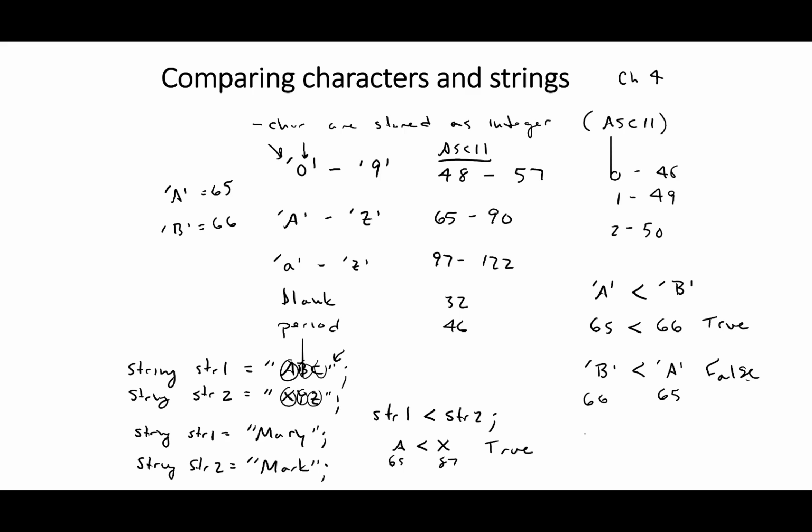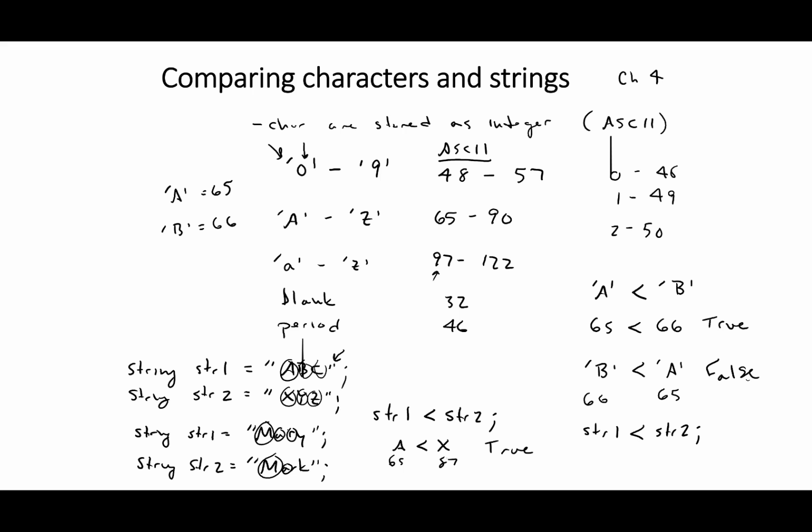And then let's say that we do is string1 less than string2. This is going to, first of all, compare the M and the M. Those are the same, so so far it's not sure. So now it's going to compare the two a's. Those are also the same. They're both equal to 97.